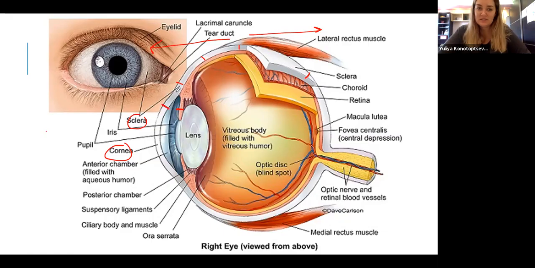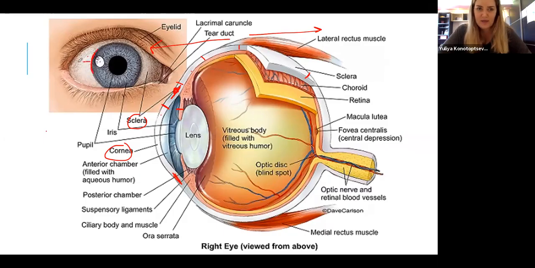You can see that this is the area, so here and here, that's the part where cornea and sclera are continuous with one another. That part has a name, and this is known as the limbus. So if I have to specify where the limbus is on this picture, it's here.